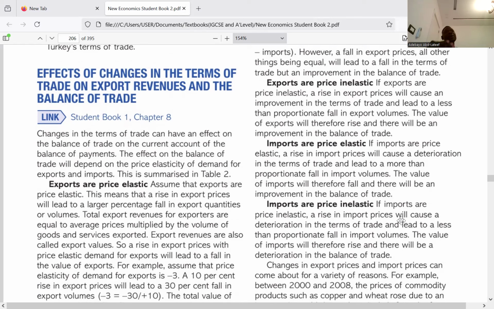And because there's a fall in the demand for exports, it affects the balance of trade, the balance of payments current account, not the terms of trade. The terms of trade would improve. We have an increase in the terms of trade, but a deterioration in the balance of payments current account. Get the point again?